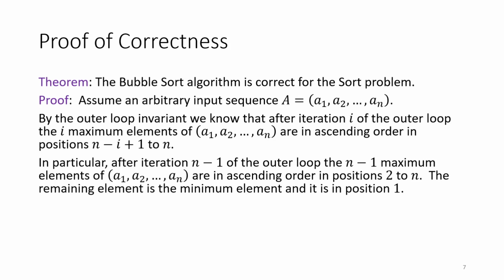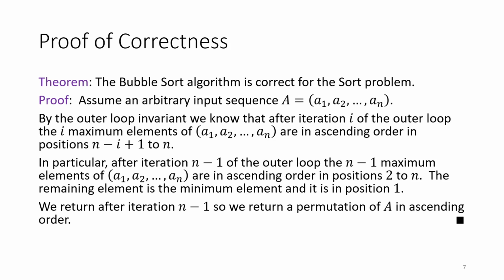An interesting way of saying that is, if you put n minus 1 elements in the right position, the last element has to be in the right position because it's the only position left. So we're done here. Basically saying that after the outer loop finishes, we return a permutation of A that is in ascending order. Remember, that was the definition of the output in our sort problem that we started with at the beginning of this video.